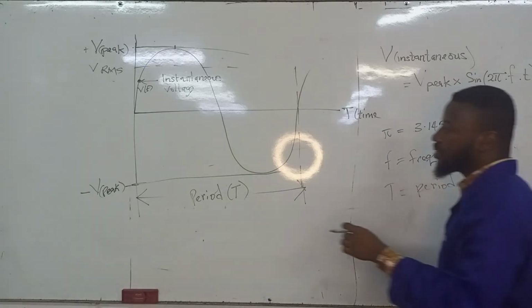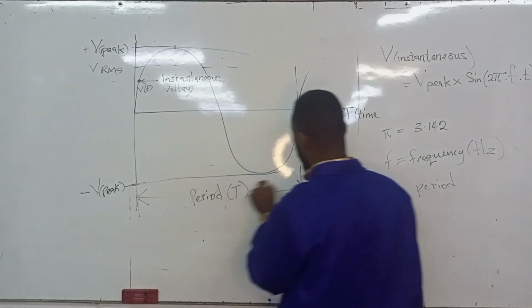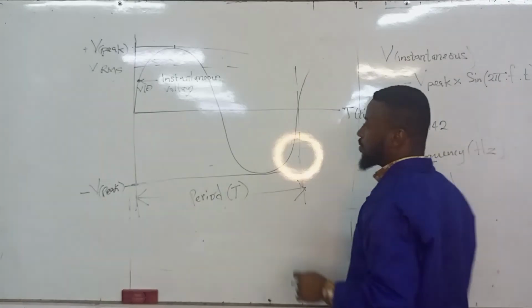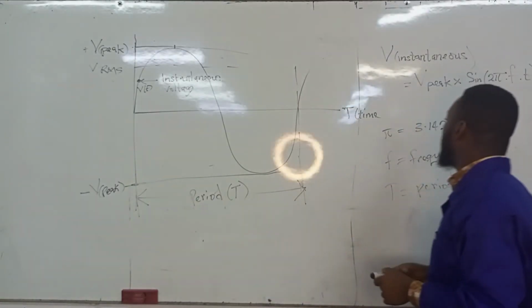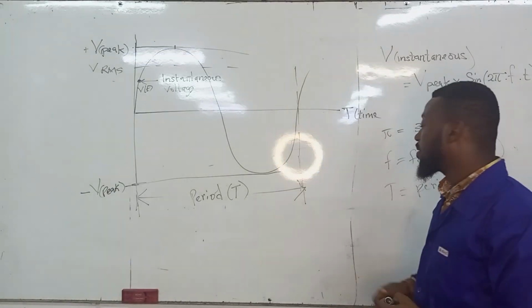The period within one wave cycle is one full wave cycle. Then we'll find the instantaneous voltage.